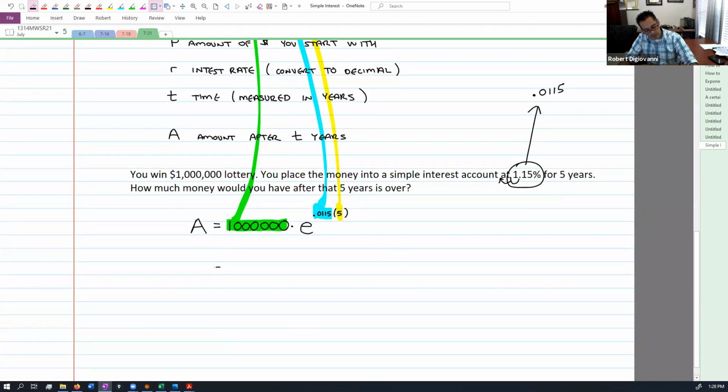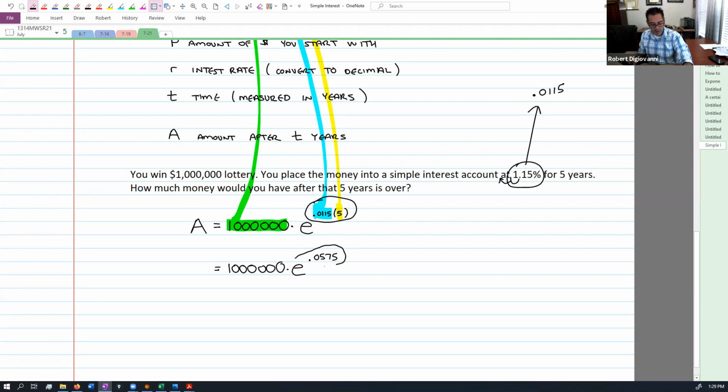So this should be equal to $1 million times E. Now what I'm going to do is on my calculator, I'm actually going to do this calculation. I'm going to do 0.0115 times 5, which gives me 0.0575. And then very, very careful here.